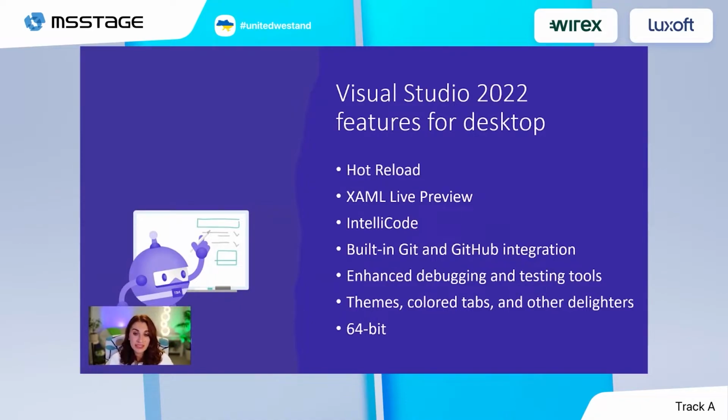It has built-in Git and GitHub integration to clone repos, manage work items and pull requests, and automatically set up CI/CD workflows to GitHub Actions and Azure. And VS 2022 is the first 64-bit version of Visual Studio, so it can take advantage of the full power of your dev box to work on projects of any size and scale. So go to visualstudio.com and download it today.